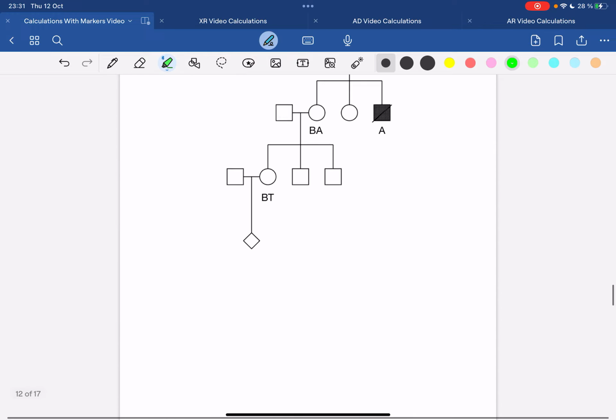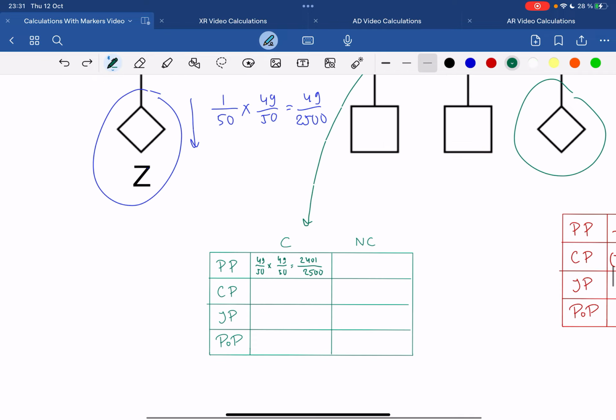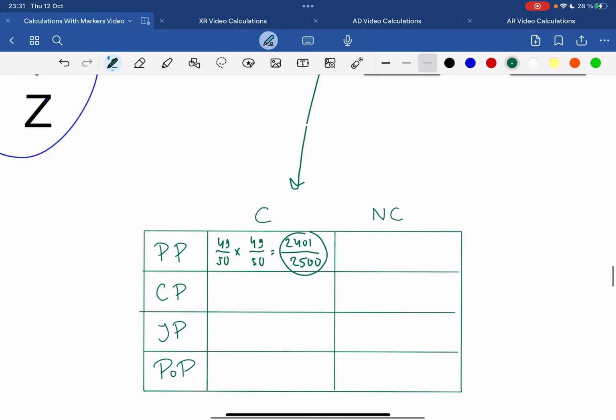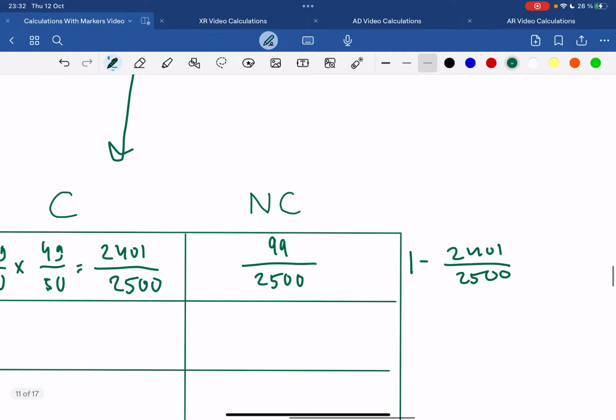But if we look up here, 2,401 is true, but 2,550 I did not get. And I don't understand how this person got to that point. So I'm just assuming that I am correct, but I will ask my professor next week. However, do take this with a grain of salt, just because it's not what is written in the answer sheet. So 1 minus 2,401 divided by 2,500 is equal to 99 over 2,500.